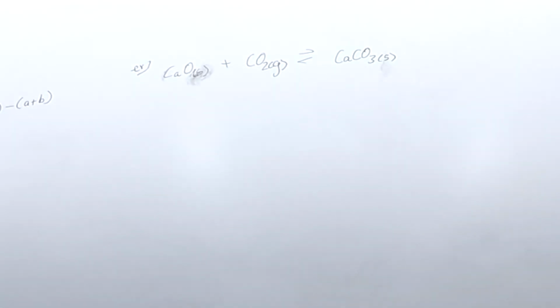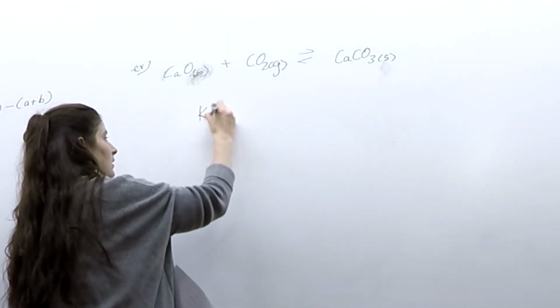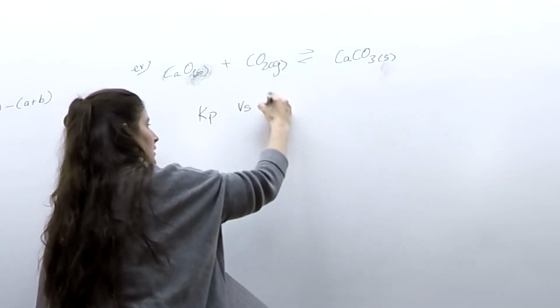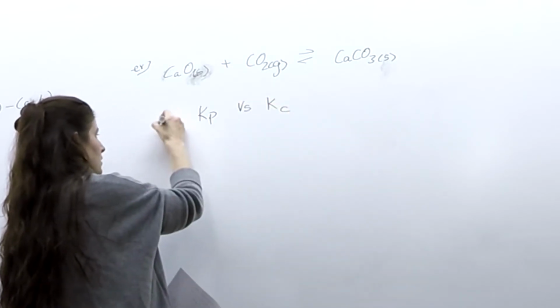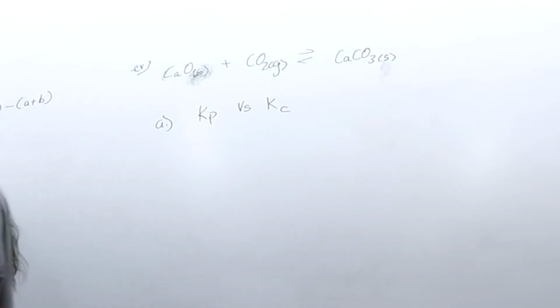We're going to take solid calcium oxide. We are going to react it with CO2, carbon dioxide, and we are going to create calcium carbide. When we do that, we can determine our Kp equation. So for the first part of this, again, this is one of our examples out of the book.